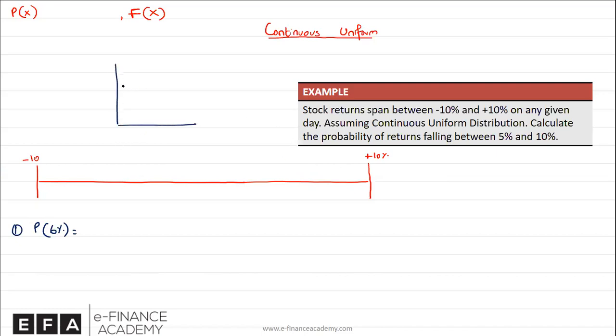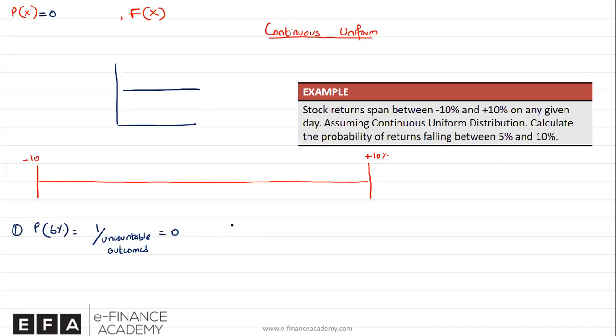It's completely uniformly distributed, right? What is the probability of getting exactly 6%? 6% is one outcome, one out of uncountable, because you don't know how many outcomes there are. Since the number of outcomes is uncountable, the probability will be 0. So the probability of a specific outcome X in a continuous distribution will always equal 0.